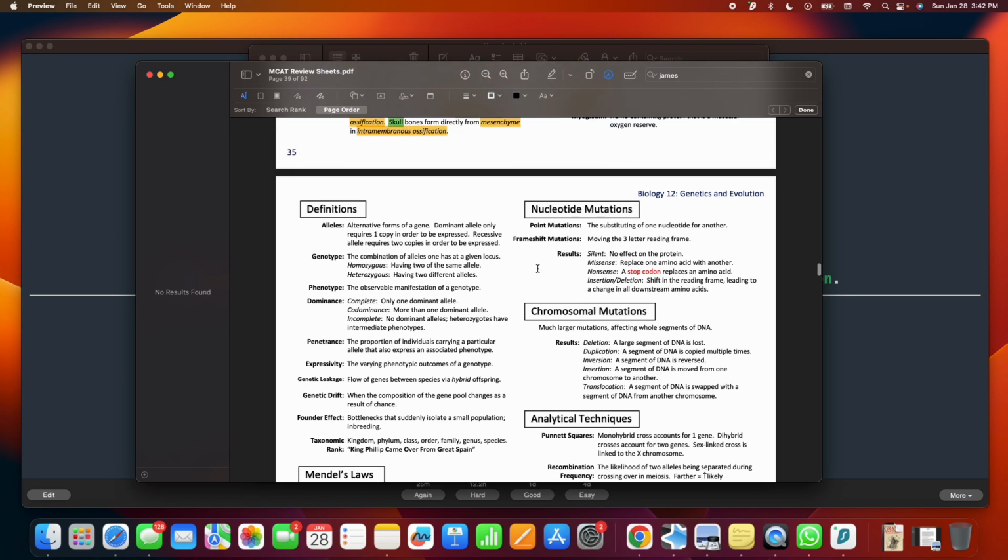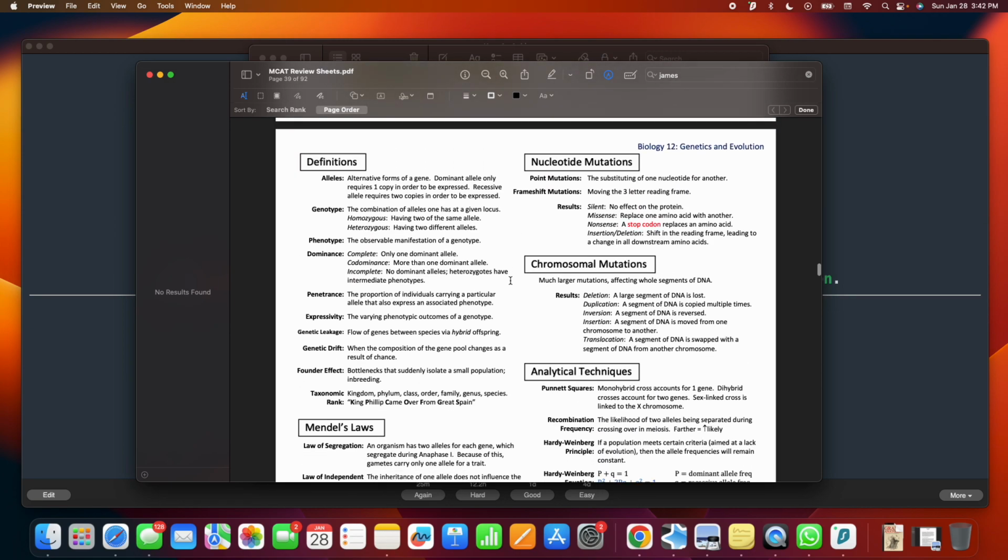Okay, now let's start with the definitions. So, what is an allele? Alleles are alternative forms of a gene. The dominant allele only requires one copy in order to be expressed. A recessive allele requires two copies in order to be expressed.